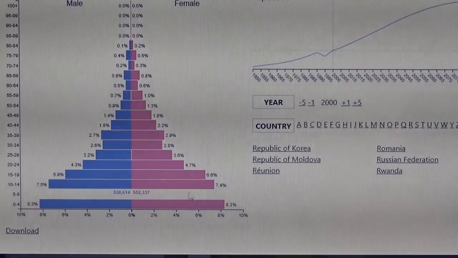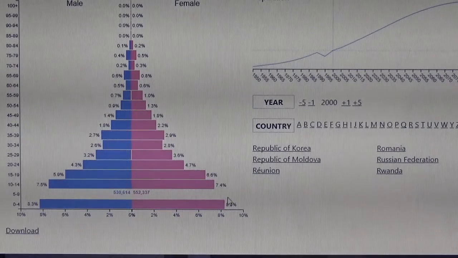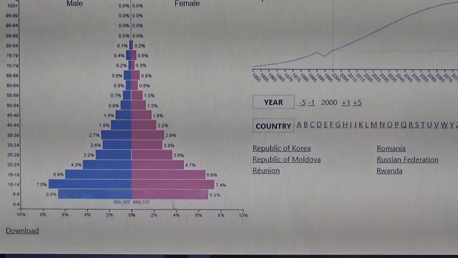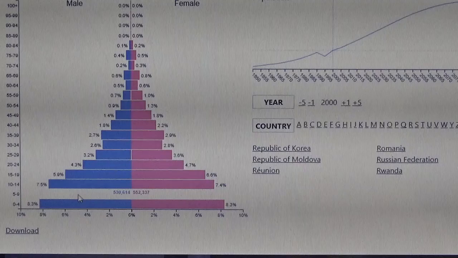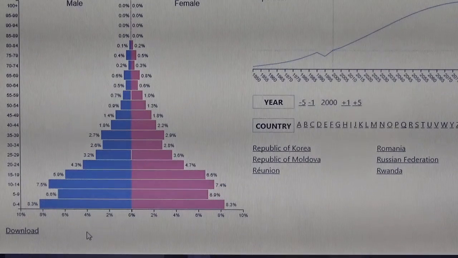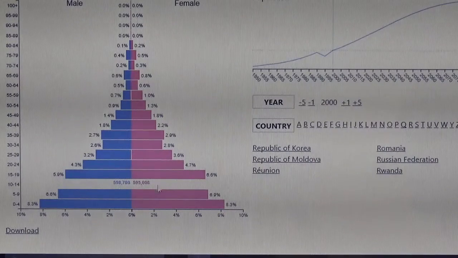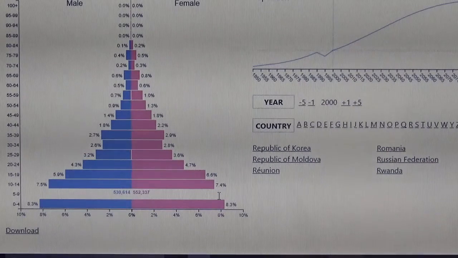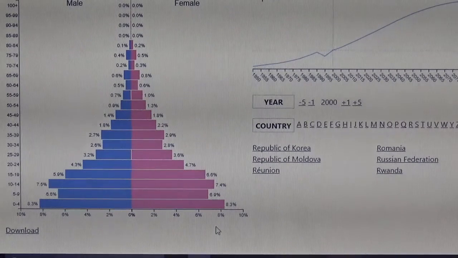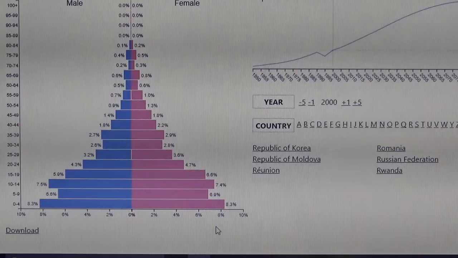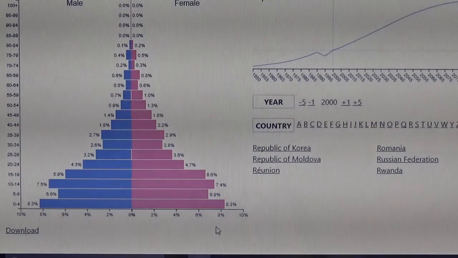We can see here, for instance, this age group has suffered the most, because that is the age group that was born during the genocide, and of course it is smaller than any of the others because that was not a good time to be born in. So we can see how wars and large famines are reflected in the population pyramid, as in this case for Rwanda.